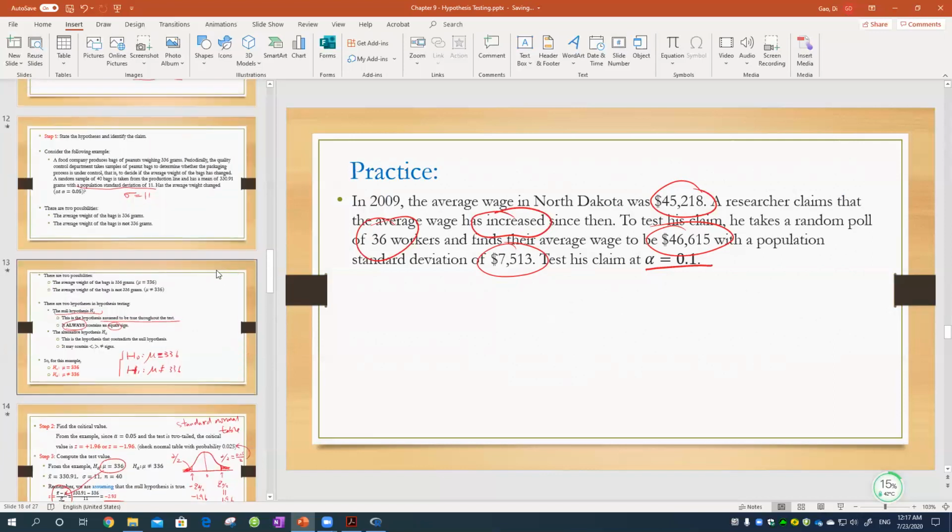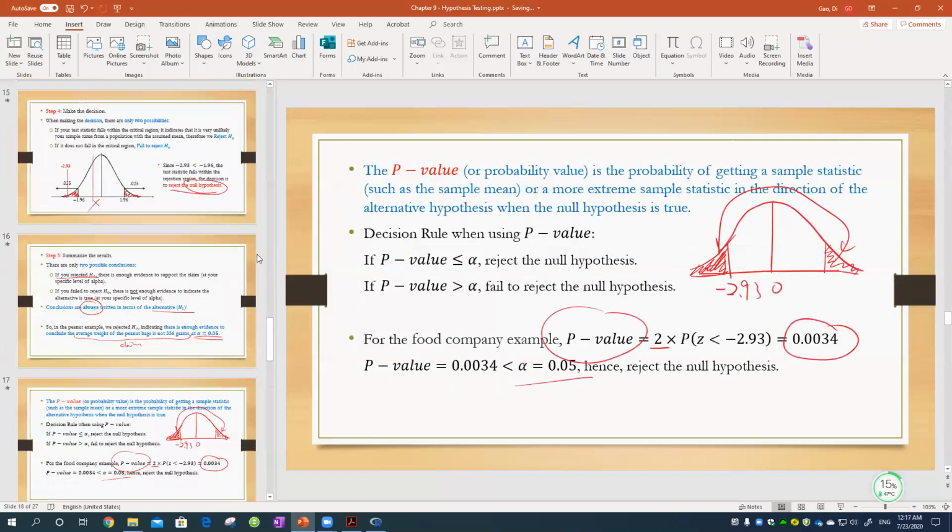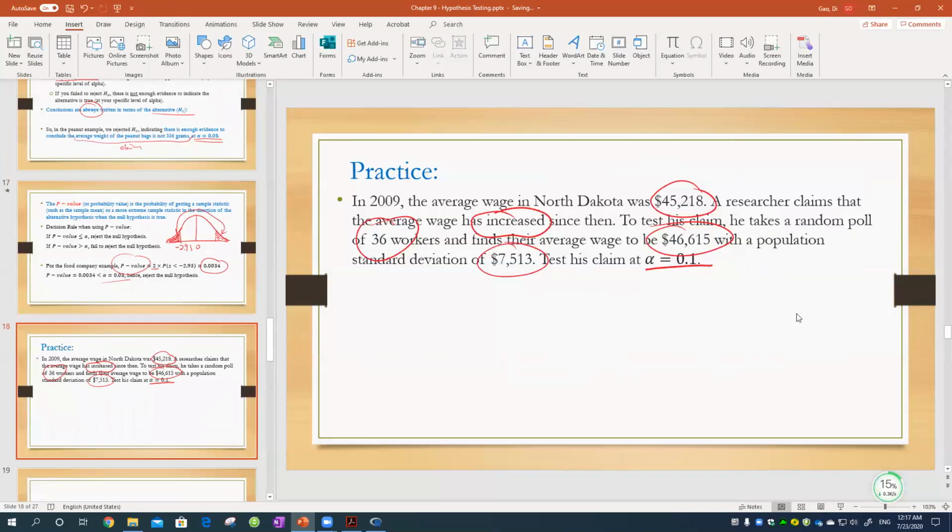Then we're going to set up like what we did before. Step 1, we're going to state the null and alternative hypothesis. So we can just write down the null hypothesis. For this chapter, we pretty much only look at the population mean as the parameter to do the hypothesis testing, so it always has this mu representing the mean. Since it's a null hypothesis, we know it always includes the equals sign.